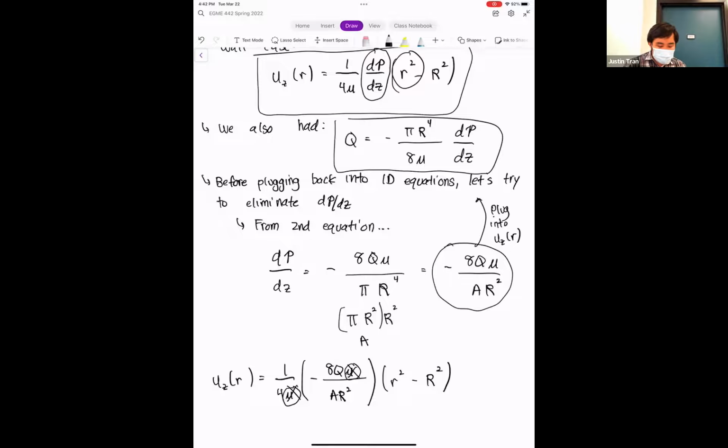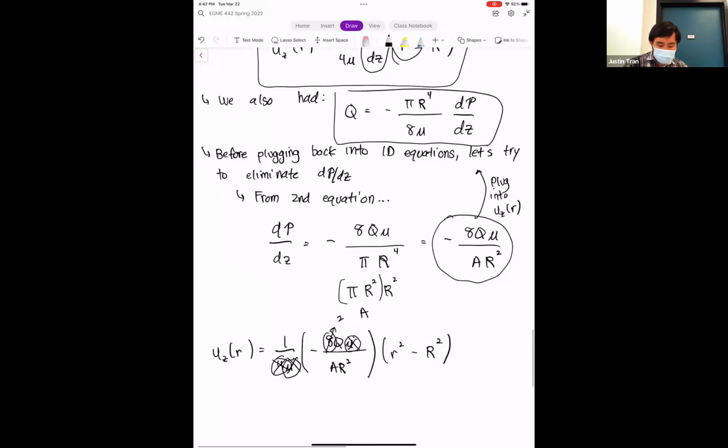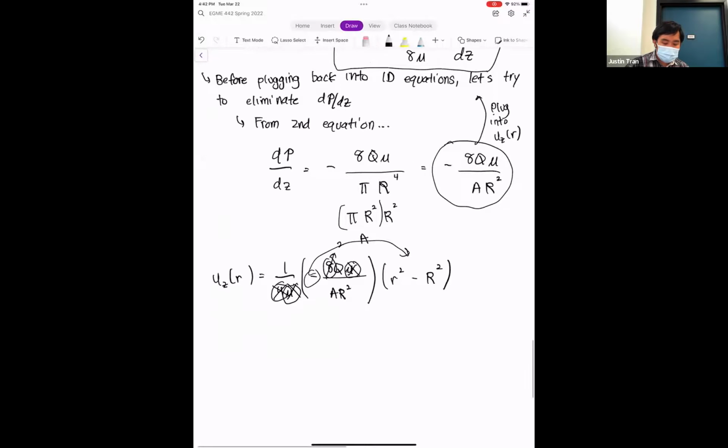We also have an 8 up top and a 4 on the bottom. So the 4 is going to cancel out, and the 8 is going to become a 2, since 8 divided by 4 is just 2. And this negative I'm just going to distribute in through the parentheses. All right. And so from that, we have the following expression for UZ.